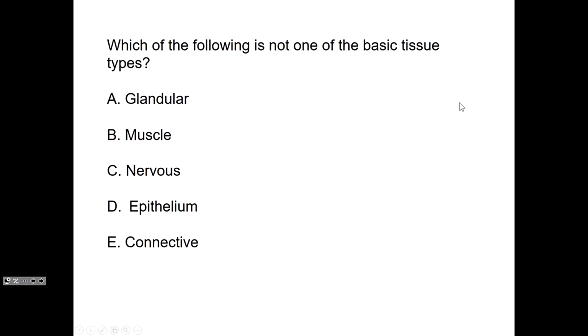I see a lot of nodding, which means people think they know the answer. Do you know the answer? There you go. Glandular is not one of the 4 basic tissue types. It was epithelia, nervous, skeletal, connective, right? That's our 4 basic tissue types. Glandular is a combination of those things in some cases.